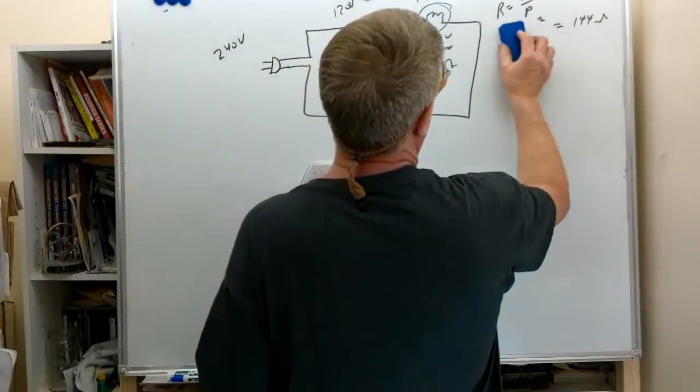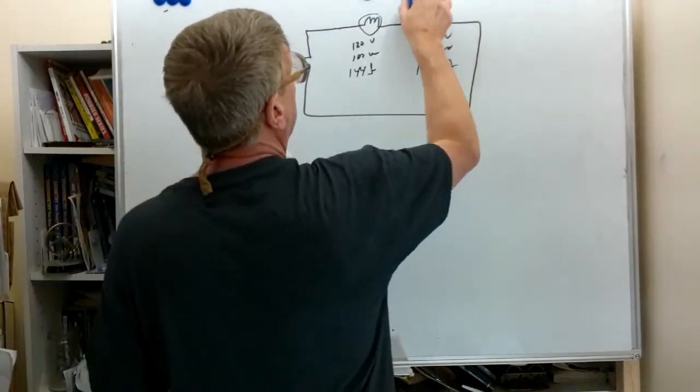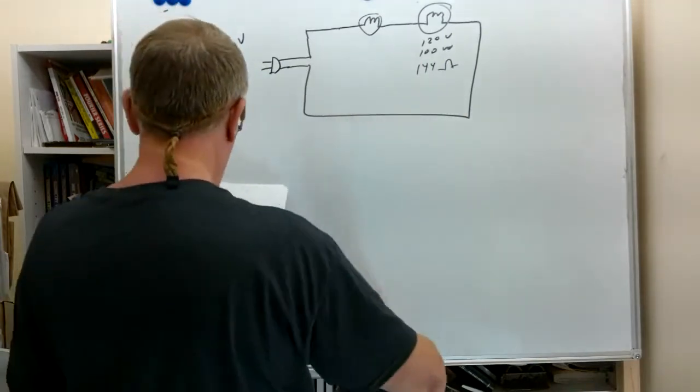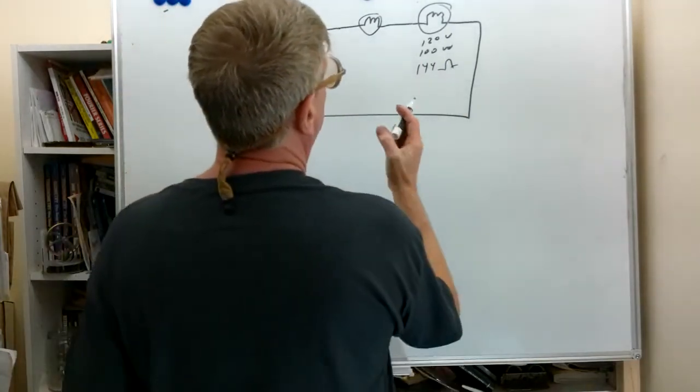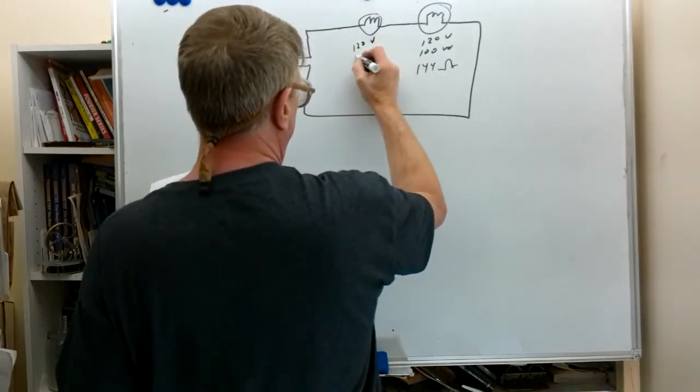Now this doesn't work out quite so well if they're not identical light bulbs. We're going to change these light bulbs a little bit. We're going to replace this one with a 60 watt light bulb. So now we've got a 120 volt, 60 watt bulb.